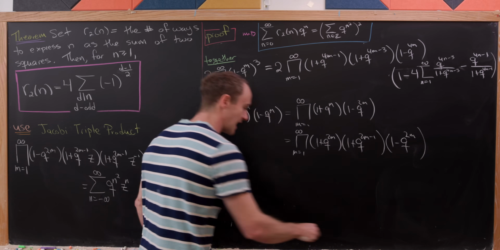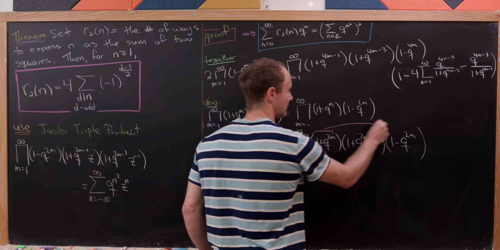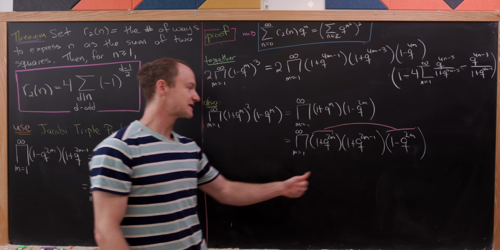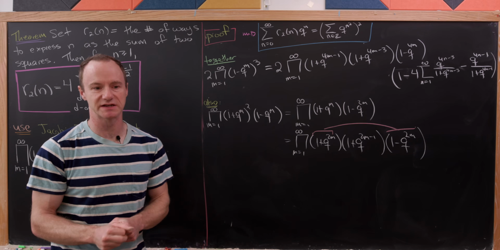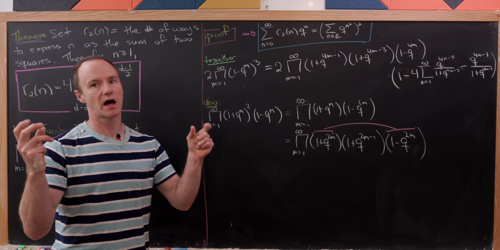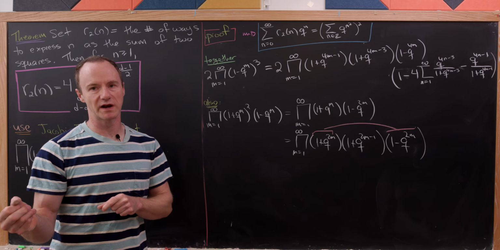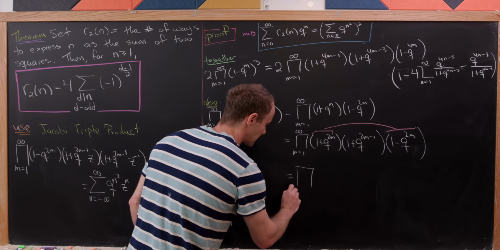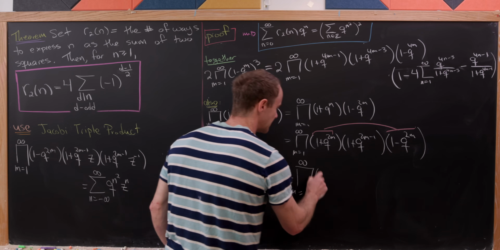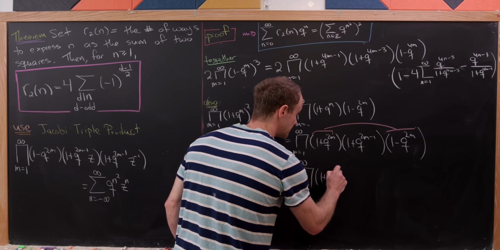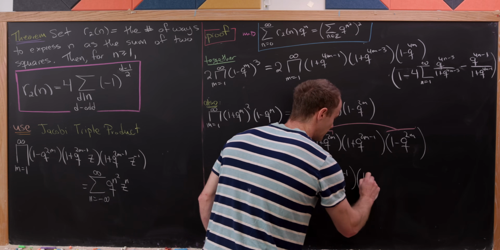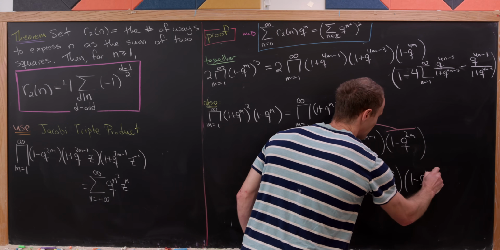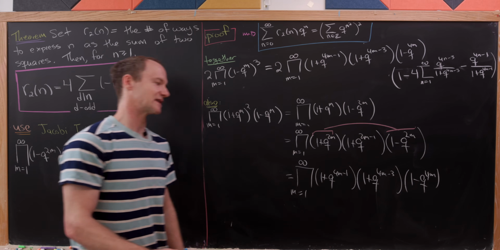But then we can take this 1 plus q to the 2m and this 1 minus q to the 2m and multiply them together, and simultaneously take this 1 plus q to the 2m minus 1 and split it into both odd types, if you will. So that will be 1 attached to 4m minus 1 and 1 attached to 4m minus 3. So that'll give us the product as m goes from 1 to infinity, 1 plus q to the 4m minus 1, 1 plus q to the 4m minus 3, and then 1 minus q to the 4m from those two terms multiplying together.